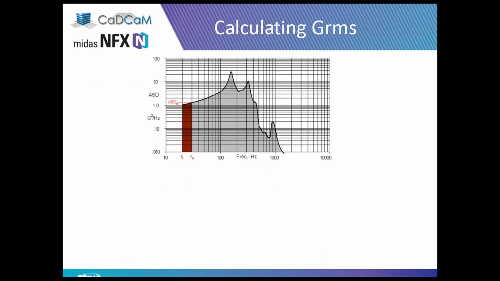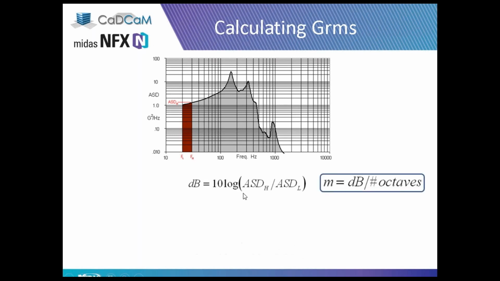In order to calculate the GRMS, we have to take into account several parameters as defined in this slide. The slope here, in the portion under this curve painted in red, is dB over octaves, and the dB is 10 log ASDH over ASDL.